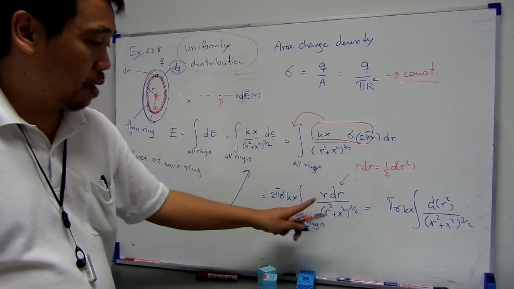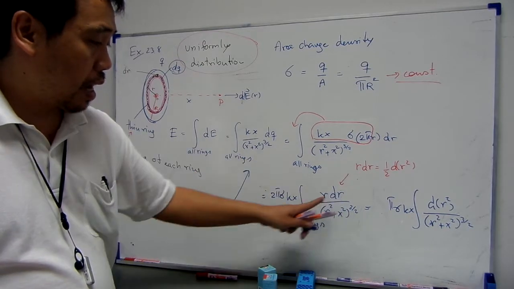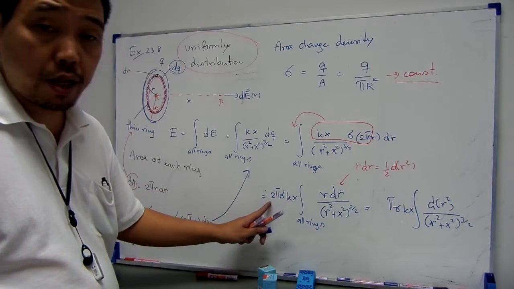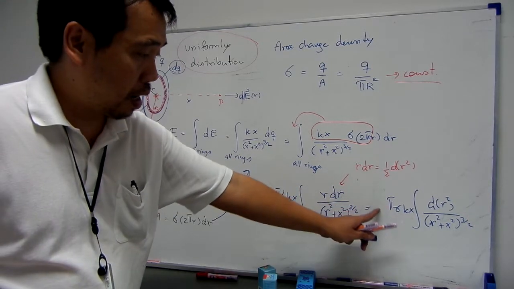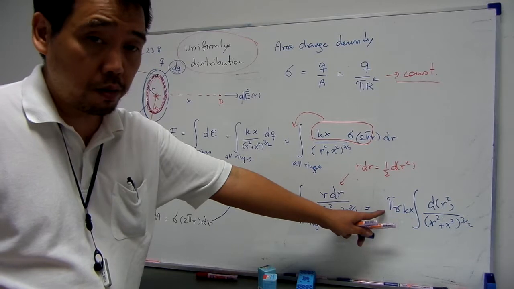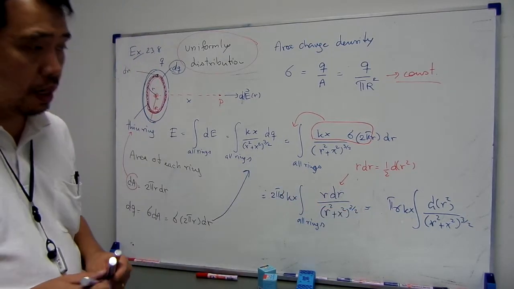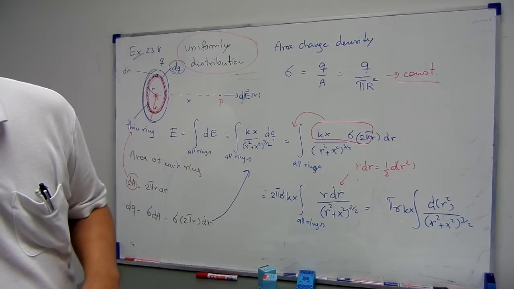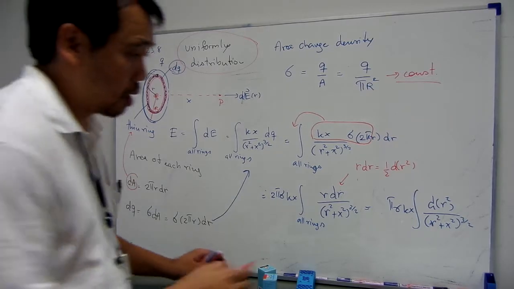When you put r dr equal to half of d(r squared) here, it cancels with this 2, so the factor 2 disappears. Now you can see that we have the same variable in our integration.